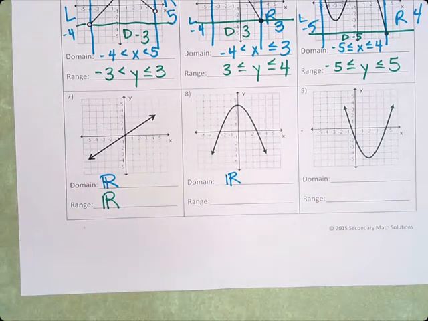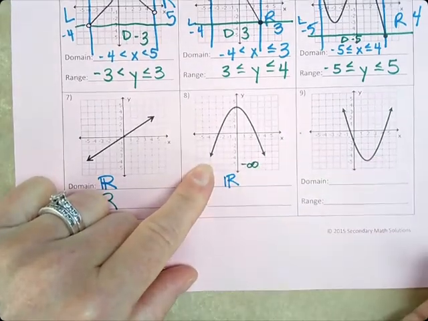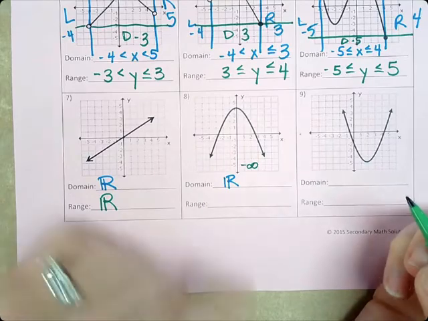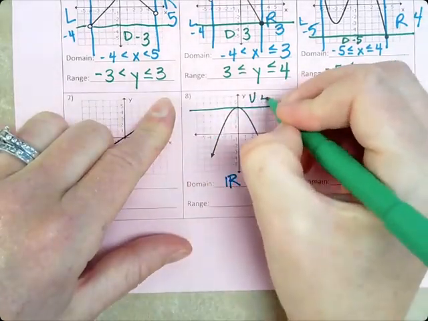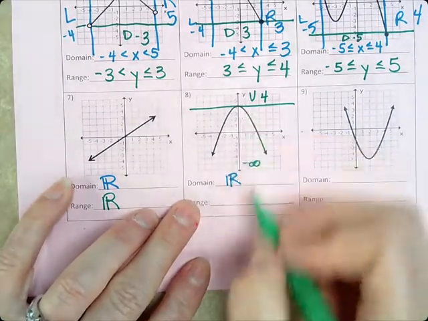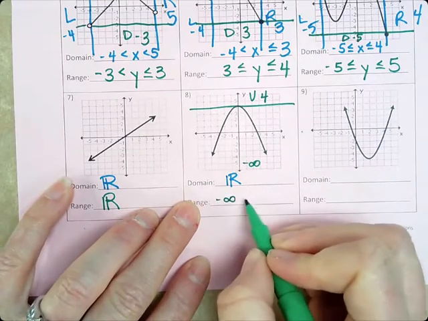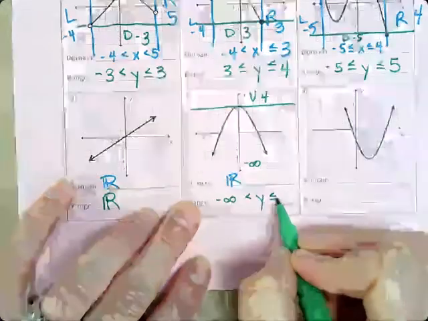I can't put a fence on the bottom either. So it's negative infinity. But on top, I can put, it goes up to 4. So we could write this, you do from least to greatest, so negative infinity is less than y is less than or equal to 4.